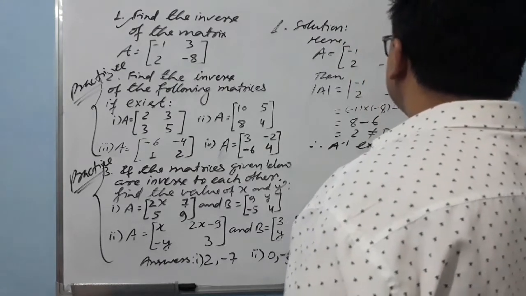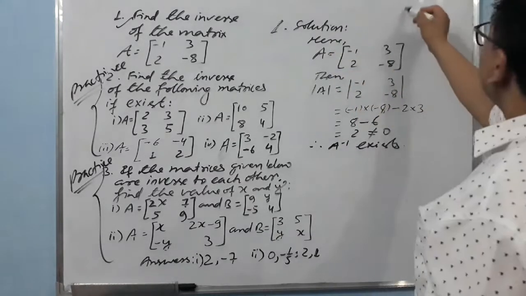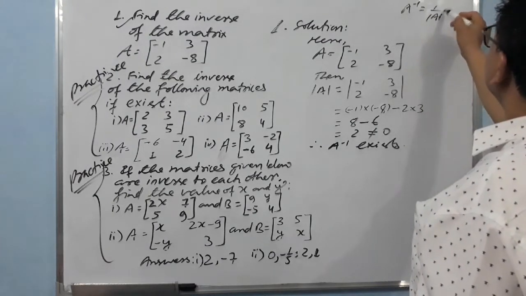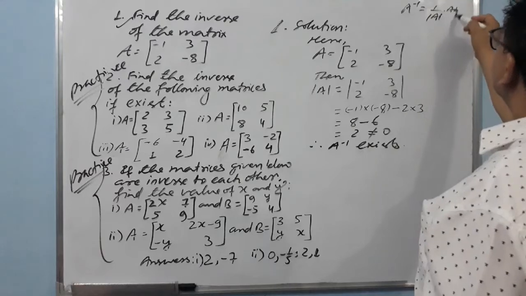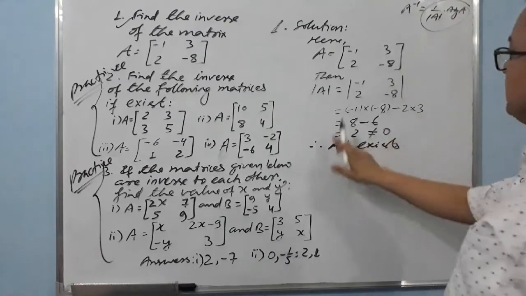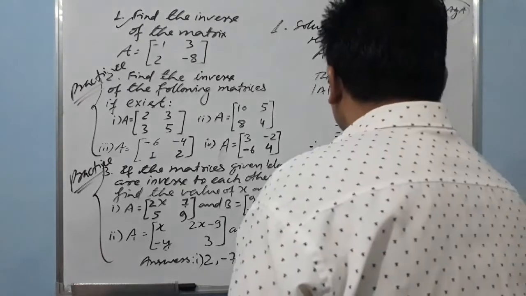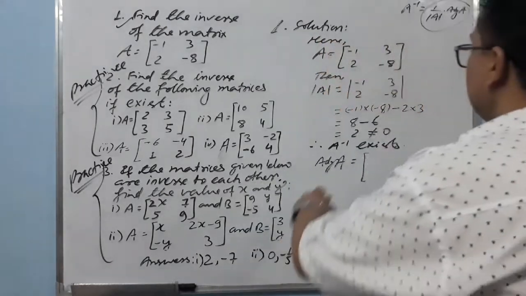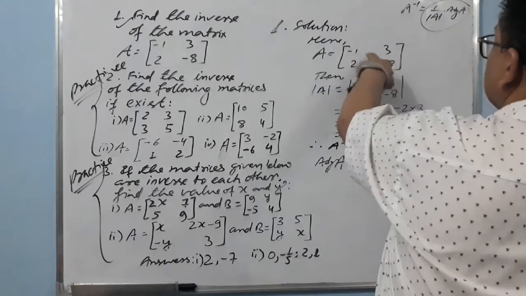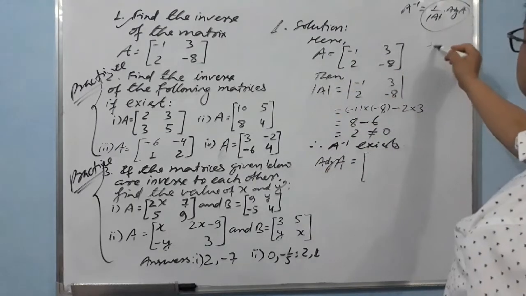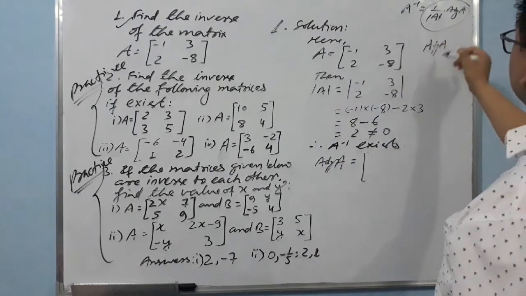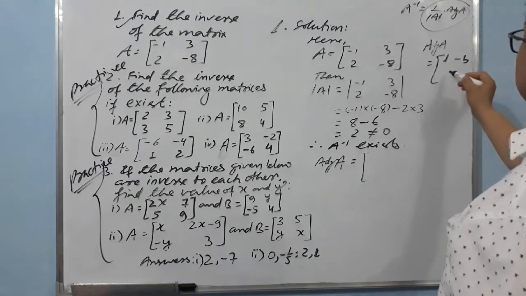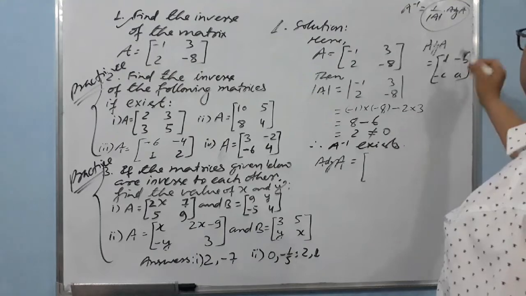Now let's use the inverse formula: A inverse is equal to 1 upon determinant times adjoint of A. We have the determinant; now let's find the adjoint.